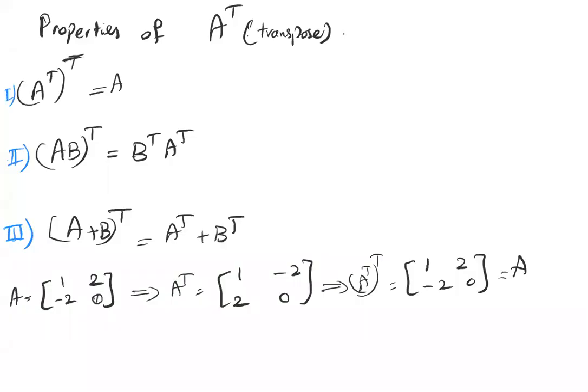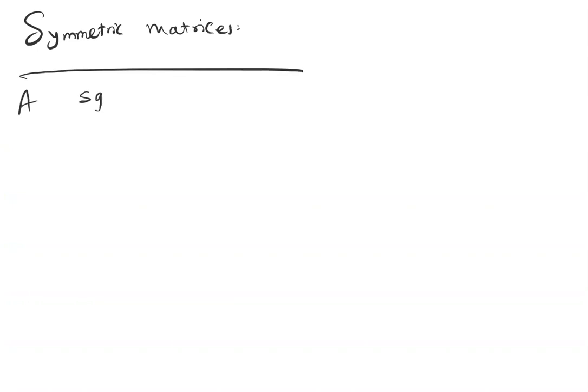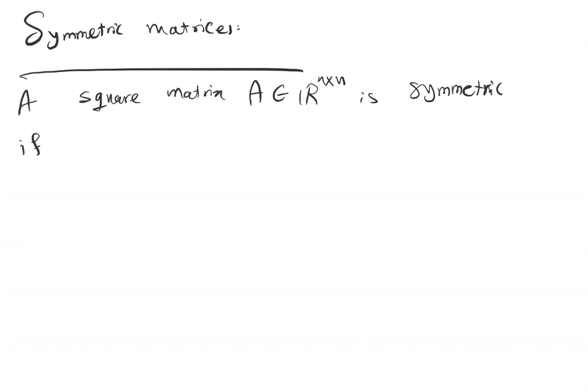The next definition is symmetric matrices. A square matrix, such as A, which is n by n, is defined to be symmetric if A is equal to A transpose.